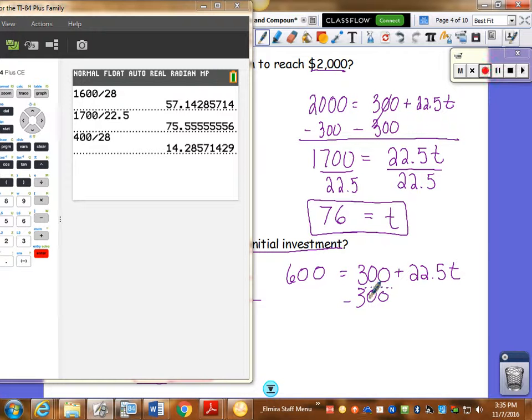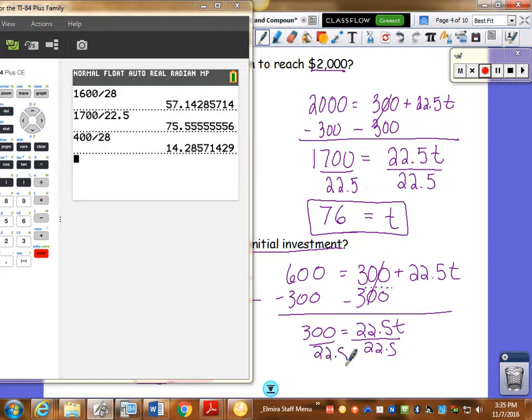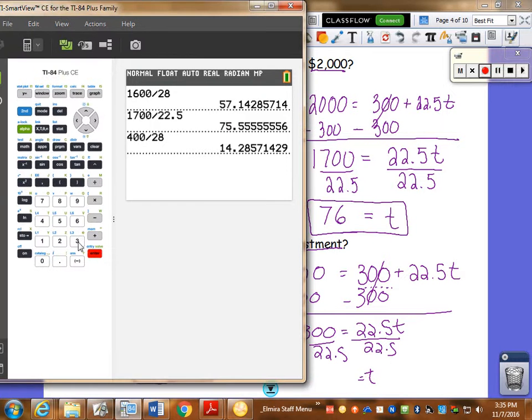Subtract 300 each side. Divide by 22.5. And I get 14 years.